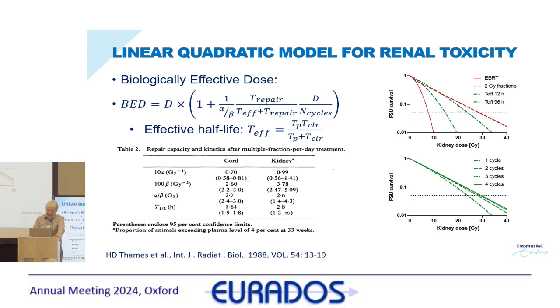But the advantage of considering this is that it shows you the advantage of sparing the kidney by giving either external beam in 2 gray fractions or giving the dose with a longer half-life. The 2 green curves compare a dose given with an effective half-life of 12 hours to an effective half-life of 96 hours. So this seems quite reasonable.